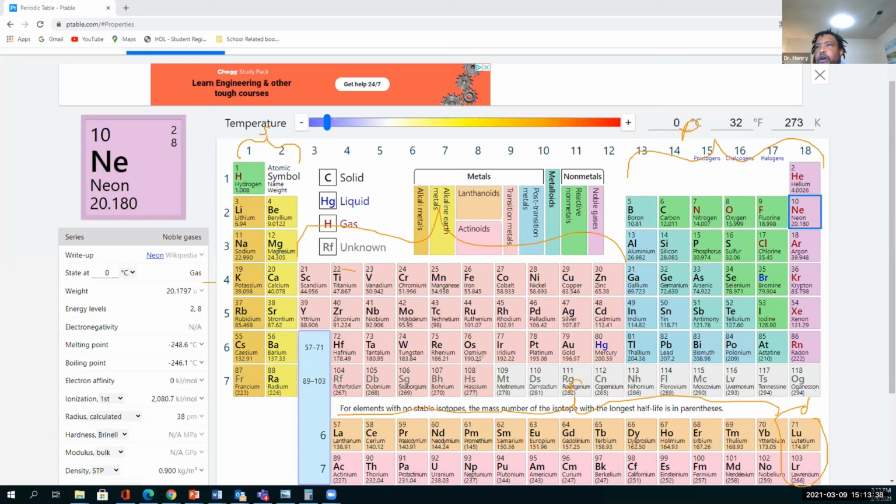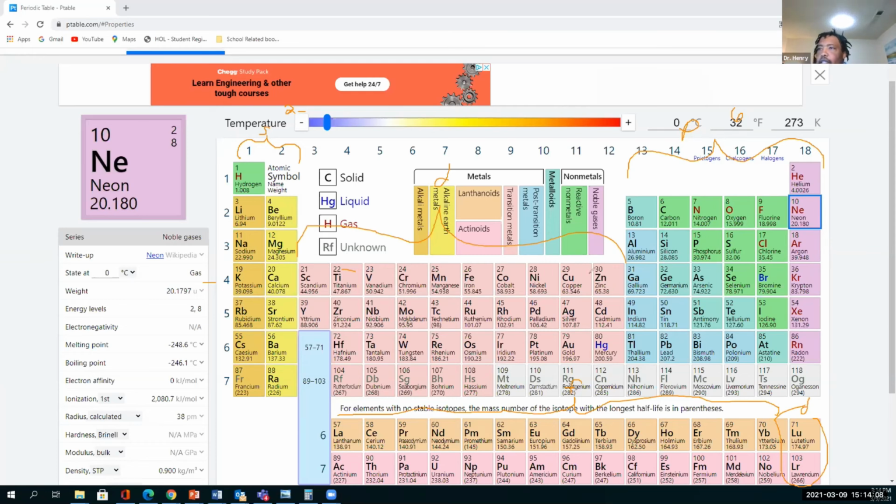Yes. The S subshell can only hold 2 electrons. How many groups do we have here? 2. Okay, the P subshell can only hold 6 electrons. How many groups do we have in the P? 6. The D subshell can only hold 10 electrons.